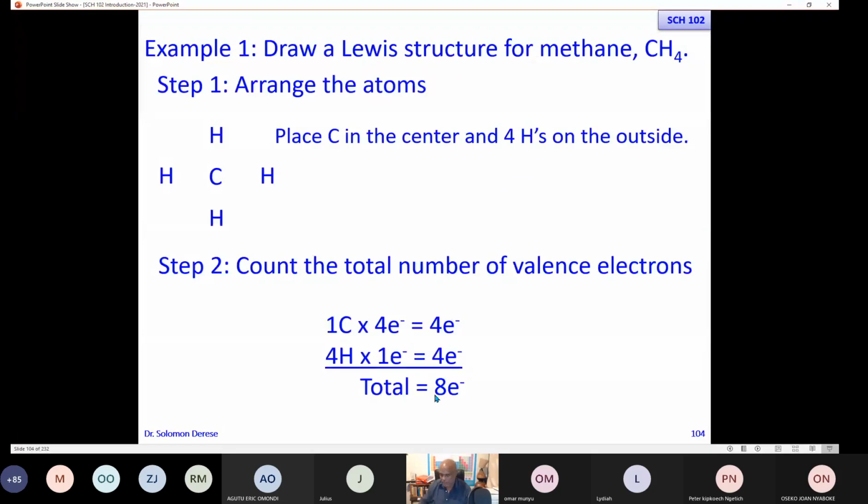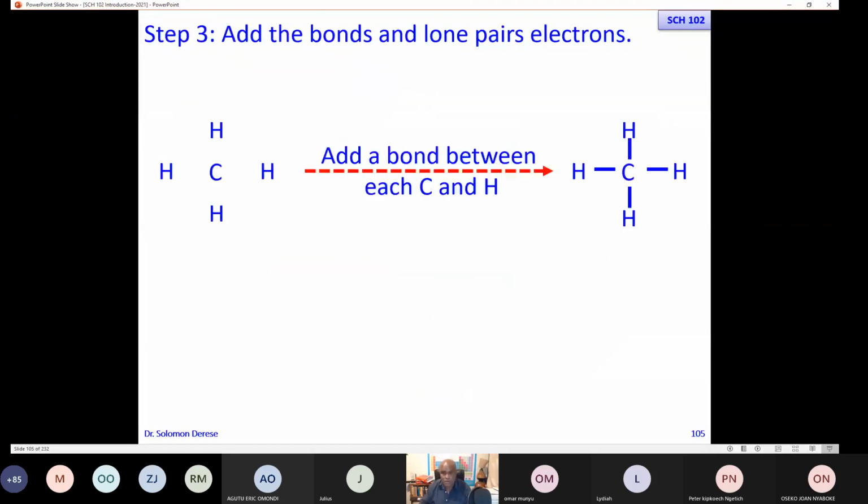When you form the bond, we have 4 bonds formed, and each of these lines is a result of 2 electrons. So 4 times 2, 8 electrons. We have used all the 8 electrons when writing the structure of this molecule.